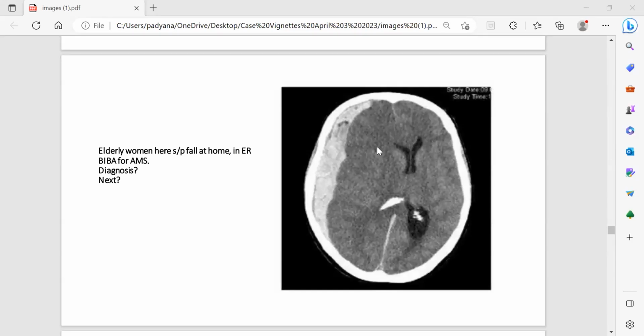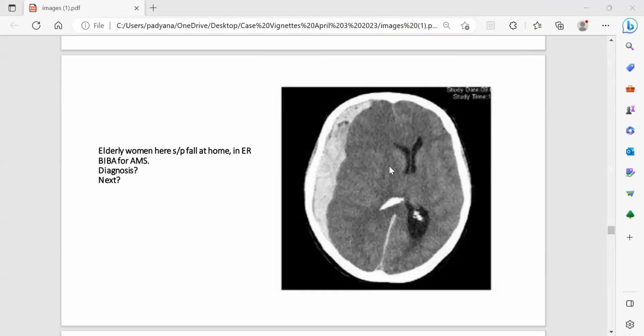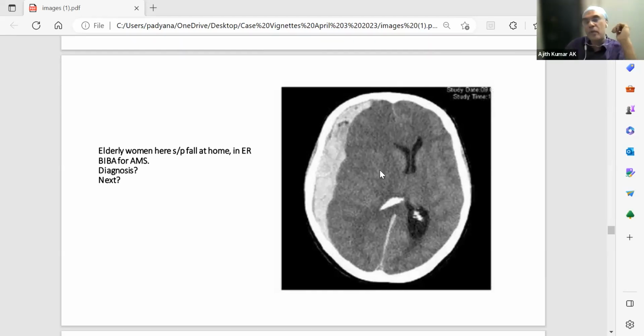Right-sided with midline shift, significant at this point of time, SDH mass effect, which is clearly more than a centimeter, isn't it? If the SDH thickness is more than 10 millimeters, or the midline shift is more than 5 millimeters, it is an indication for evacuation. So midline shift more than 5 millimeters is an indication for evacuation.